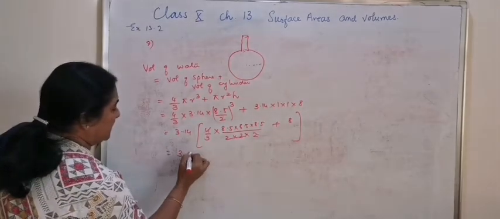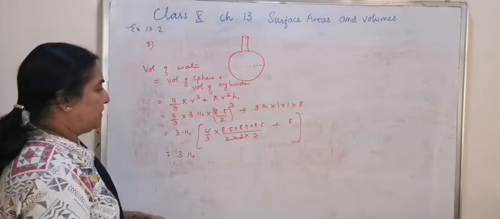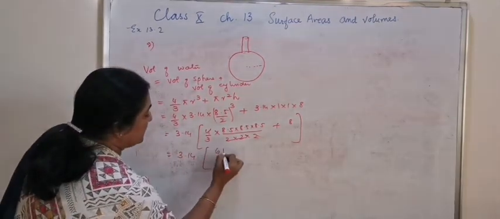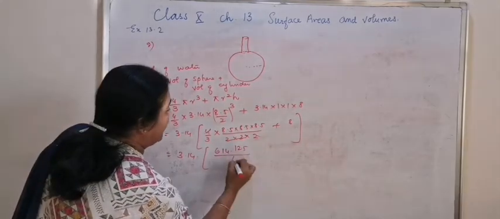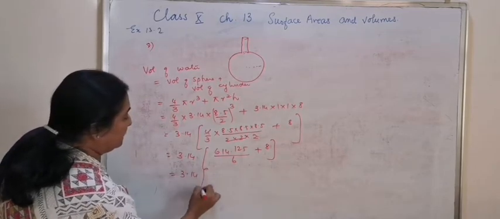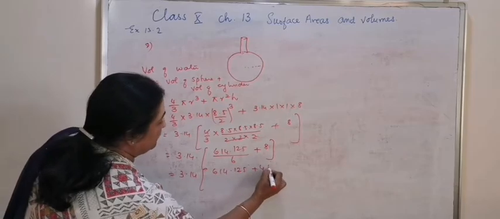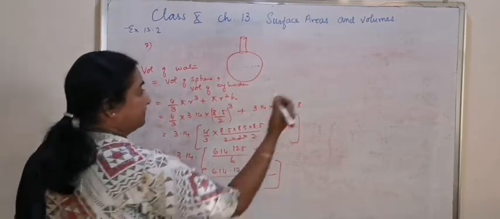It is 3.14 times 8.5 into 8.5 into 8.5, which when multiplied gives 614.125 divided by 6, plus 8. That is 3.14 into 614.125 plus 48 by 6, by taking the LCM.